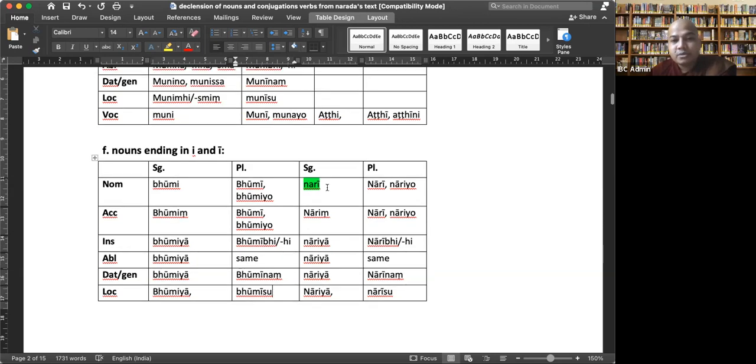Okay, and then when you look at the feminine gender nouns ending in long e, you see that primarily the only difference that you can find is the nominative case, singular number form, nari.